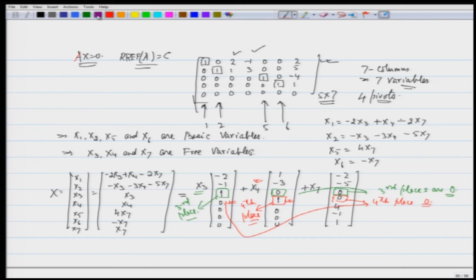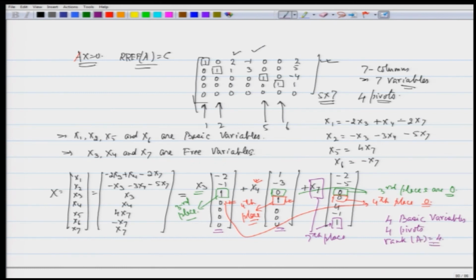The last one, this is x7. So, look at the seventh place, there is a 1 here, all right, and seventh place here everything is 0. So, when I am looking at the solution here, there were 4 basic variables or 4 pivots, or rank of A is 4.